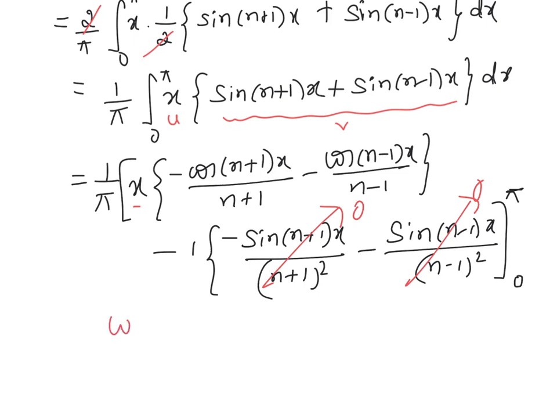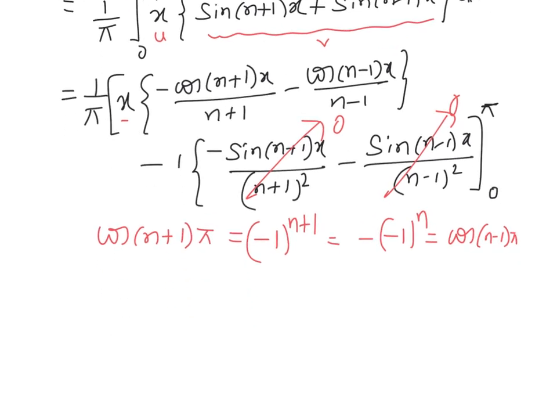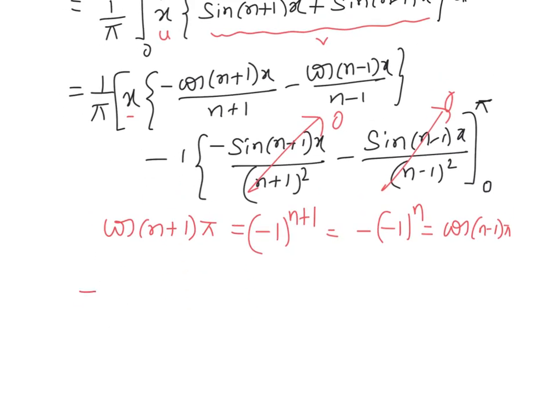So just we analyze like this. Cos of n plus 1 into pi is minus 1 power n plus 1, which can be written as minus 1 power n. Similarly, the same for cos of n minus 1 into pi. So now applying the upper limit to the term, we get 1 by pi, we have x there, and we have minus cos of n plus 1 into pi.